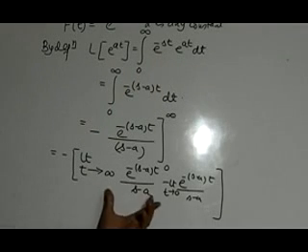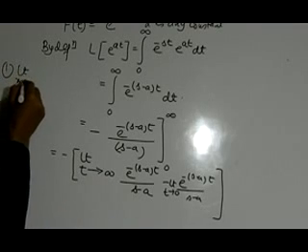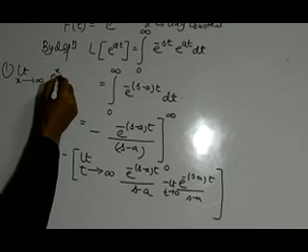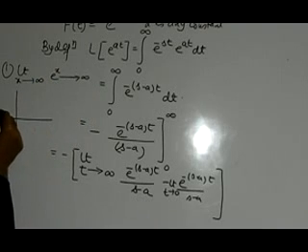Now, as I had mentioned during the definition, the Laplace transformation of the function exists if and only if this integral exists. It means this integral will exist provided this limit exists. You know that the limit as x approaches infinity of e to the power x moves to infinity, which is clear from the graph of the exponential function.